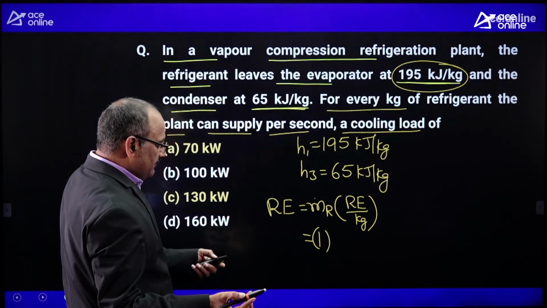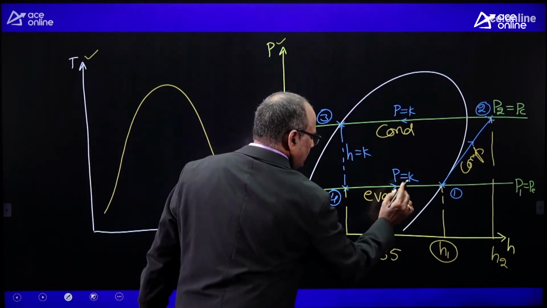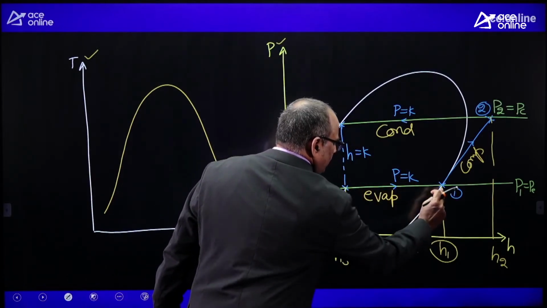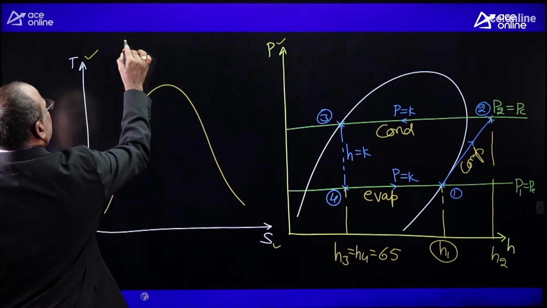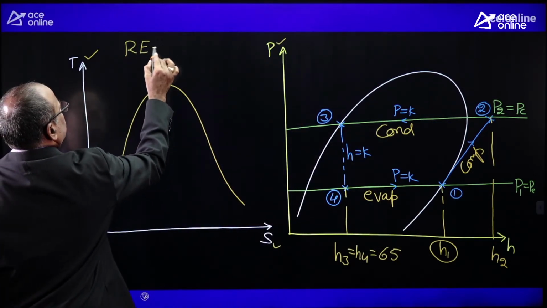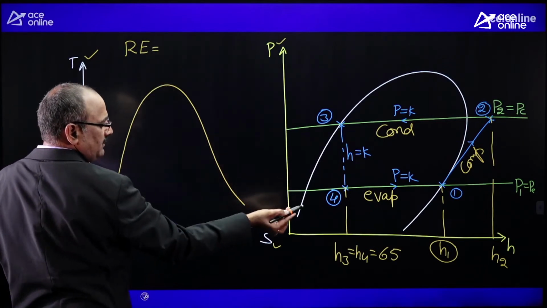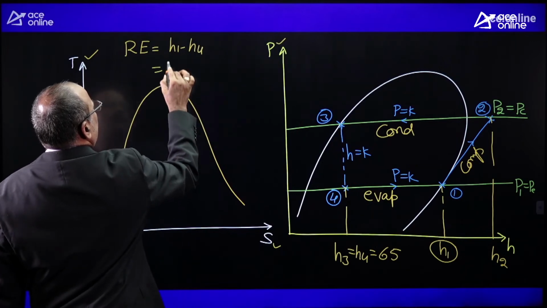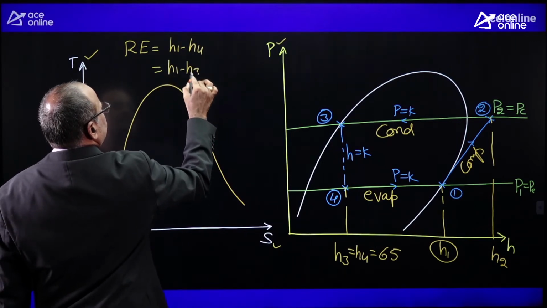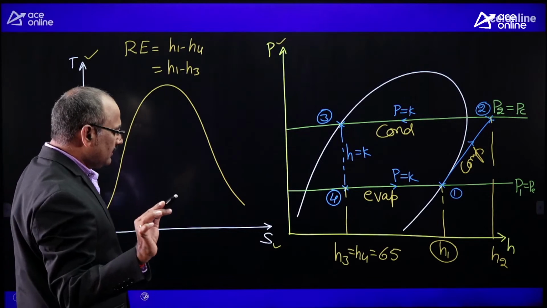Here refrigeration effect is nothing but the increase in enthalpy of the refrigerant during the evaporation process. The increase in enthalpy of the refrigerant during the evaporation is nothing but cooling effect, H1 minus H4, which is equal to H1 minus H3. Okay?